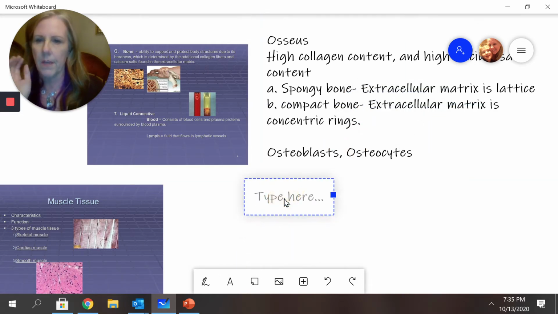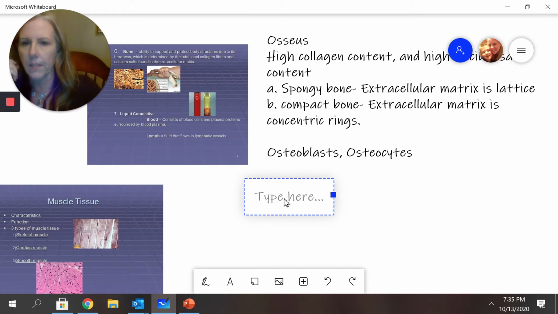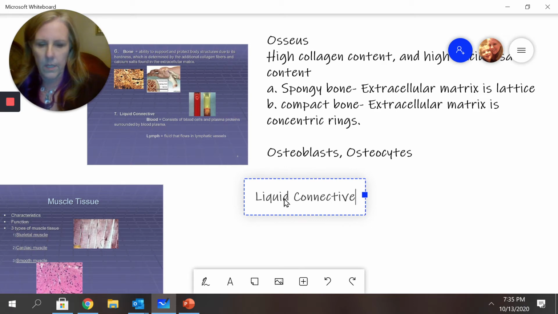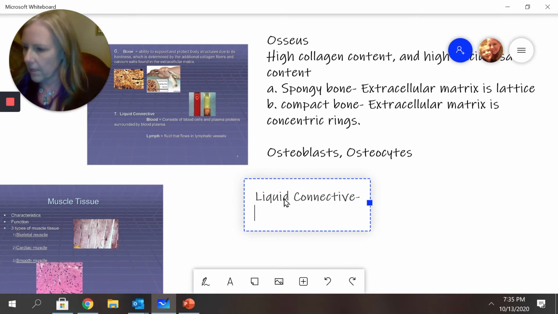Okay, we're going to keep going on to our next type of connective tissue. So number 7, and that is liquid connective tissue. You probably didn't even know there was such a thing in the body as liquid connective tissue, but there is. There are actually 2 types.